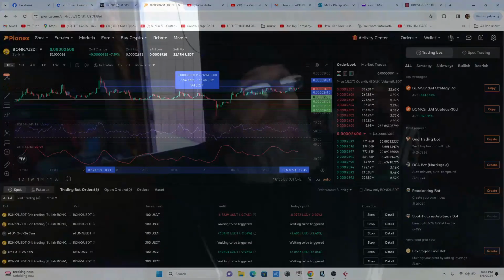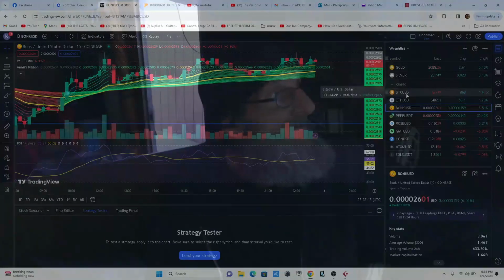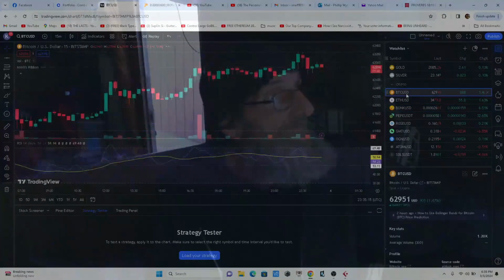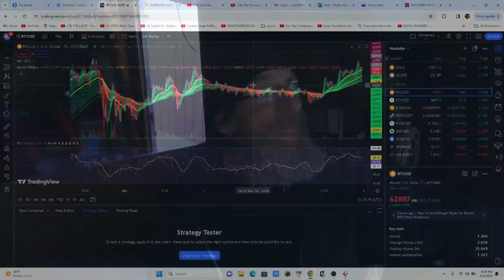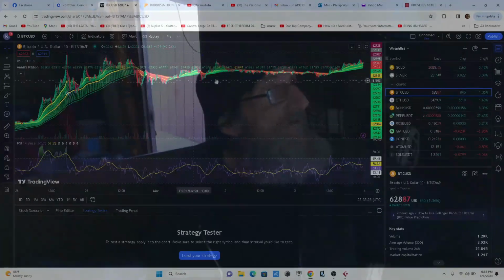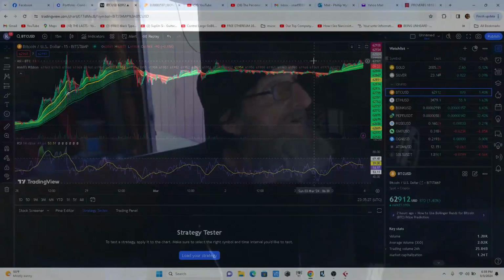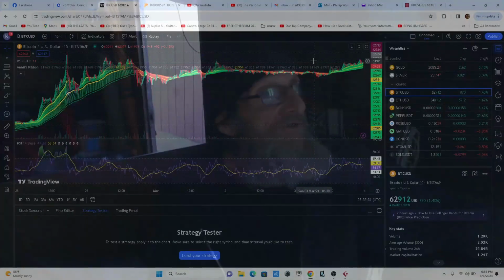Because over here it's showing Bitcoin is topped out at 62.9, and it's been cycling between 60,900 and 63. So it's reaching its peak too.